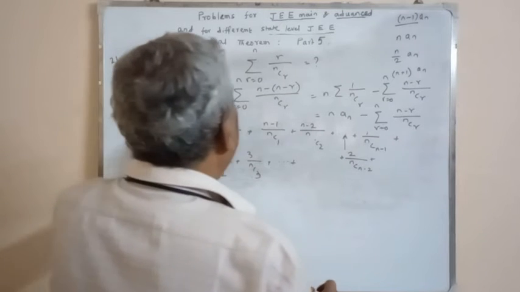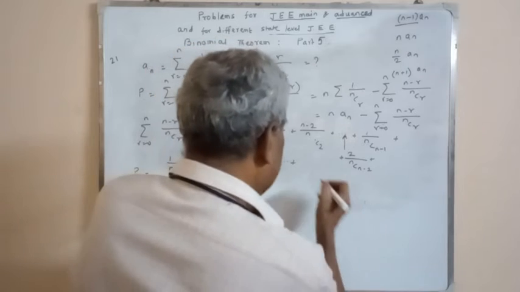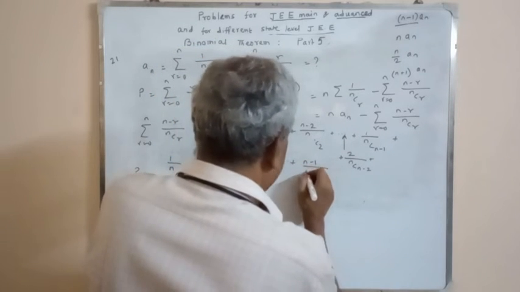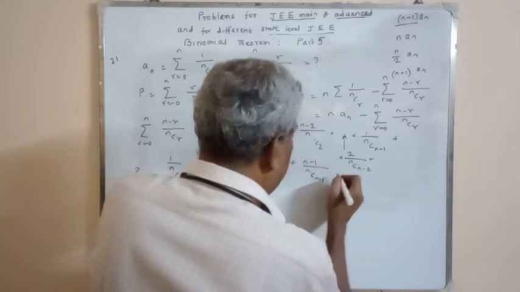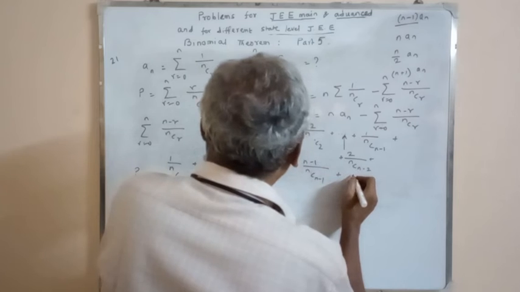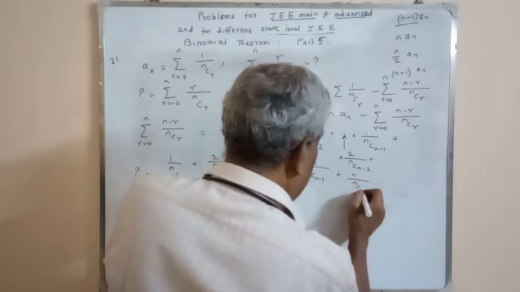The last but one term will be when r is equal to n minus 1, so it is n minus 1 by nC n minus 1, plus the last term, putting r is equal to n, n by nCn.